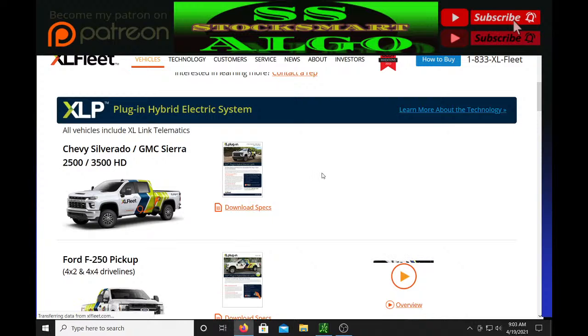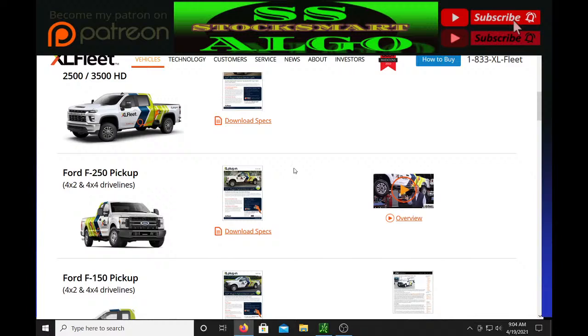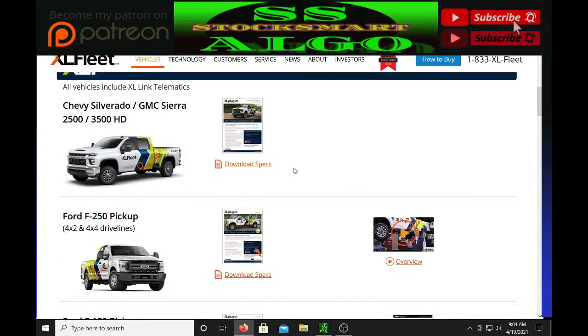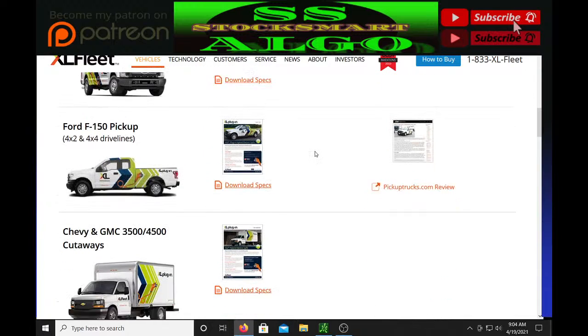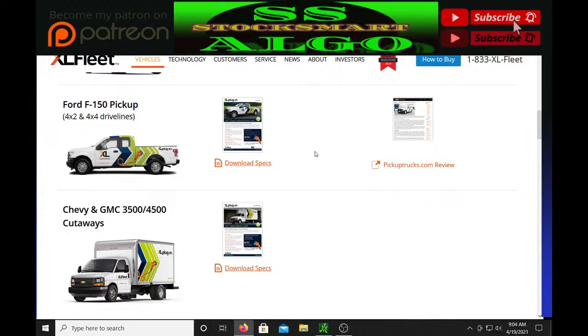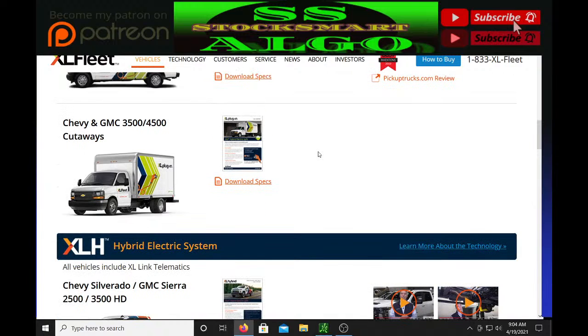Alright, now my family and their companies, they use Chevy Silverados. As much as we've even considered moving over to Dodges for their working vehicles, it's always been Chevy.